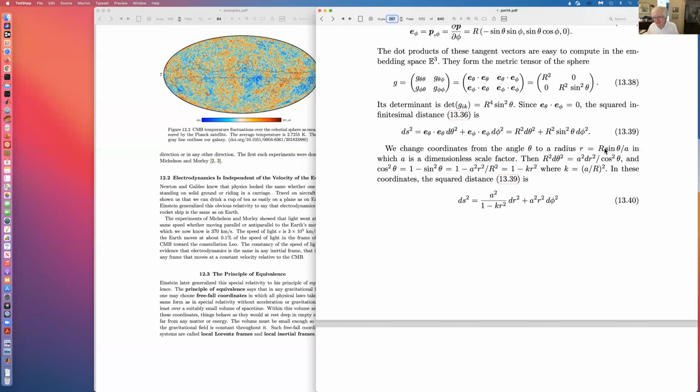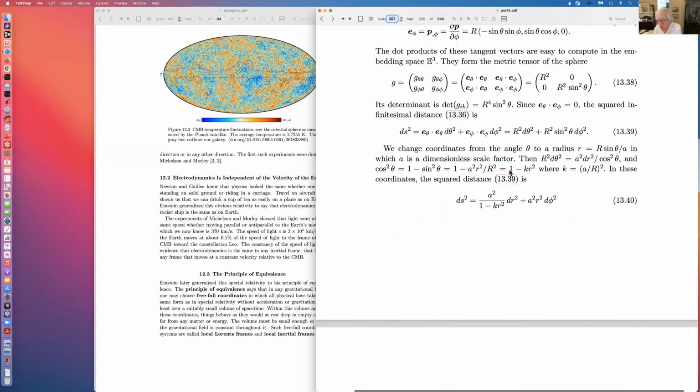But sine squared is this crazy thing, a r over big R squared. And we can call that 1 minus k r squared if we let k equal a over big R. And so then the squared distance looks like this.